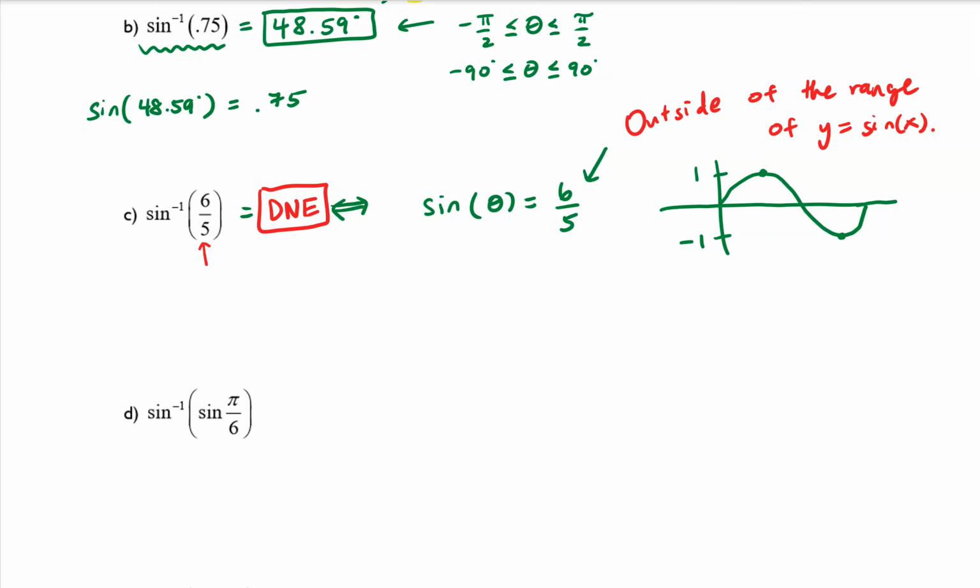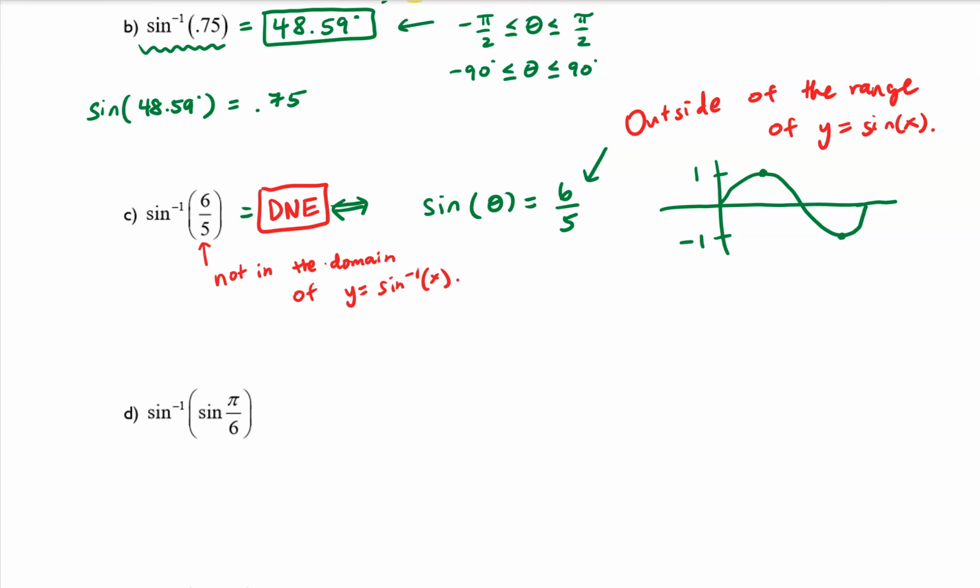Another thing that I would also point out is since 6 over 5 is not in the range of sine of x, 6 over 5 is not in the domain of y equals sine inverse of x, like that.